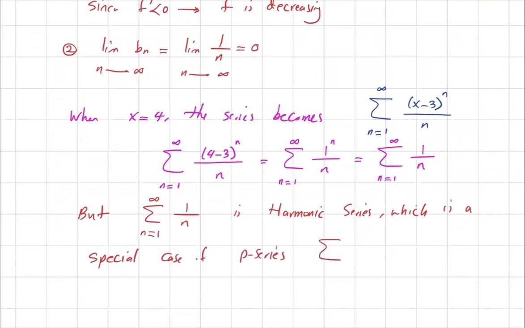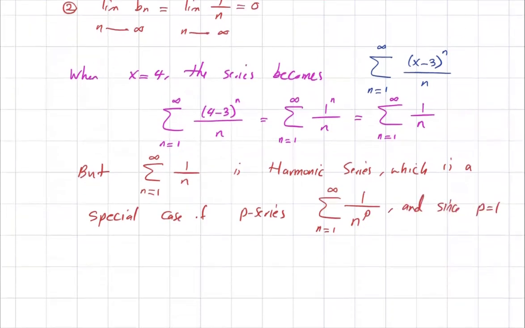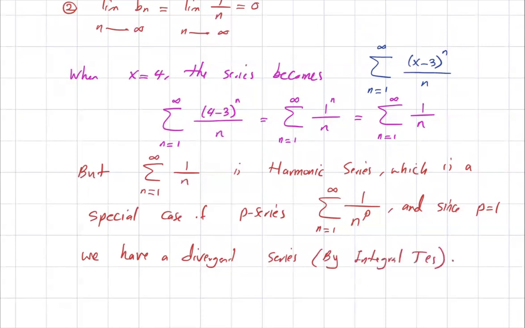P-series is the summation of 1 divided by n to power p, starting from 1 and going to infinity, and since p is equal to 1, we have a divergent series. Remember, it was by integral test. So what is our conclusion here?